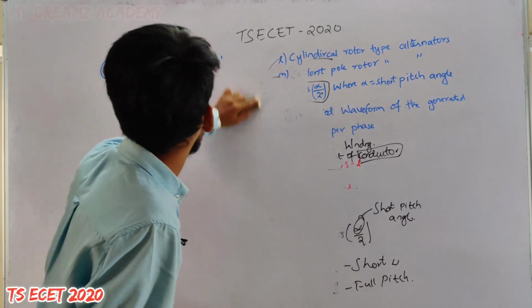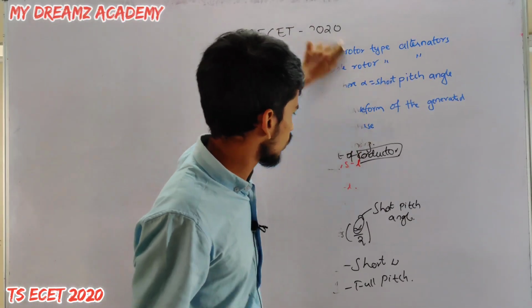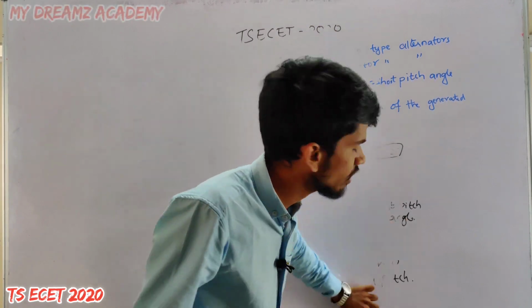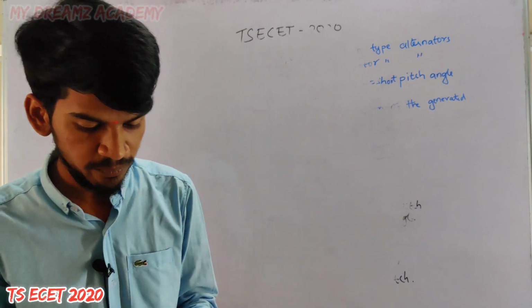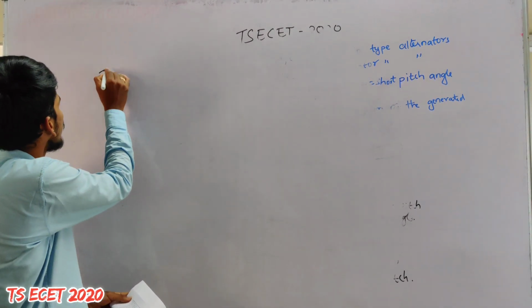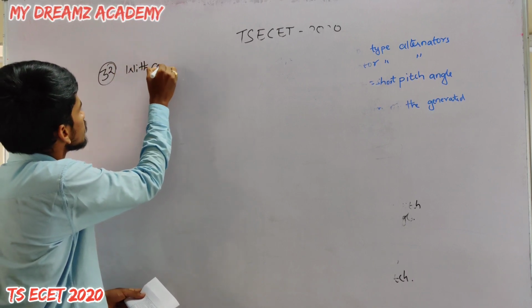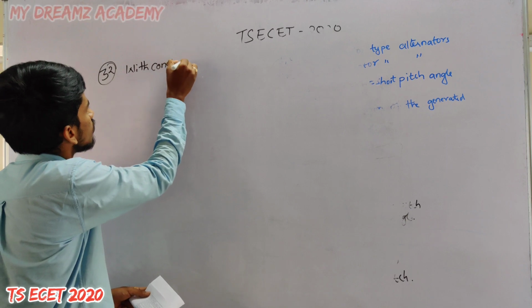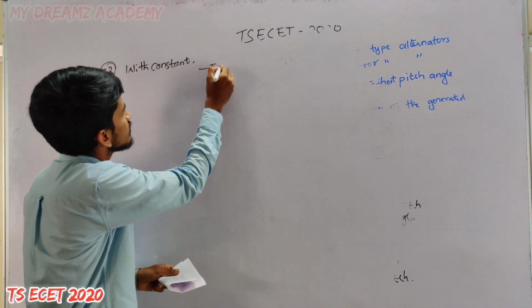Okay, if you go for our next question, that is question number 32. What is question number 32? With constant, we need to write what are the constants they are given. E1 is also constant.